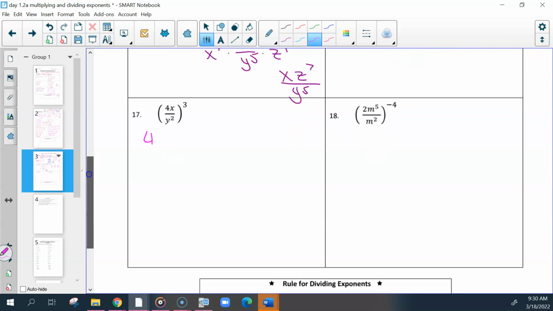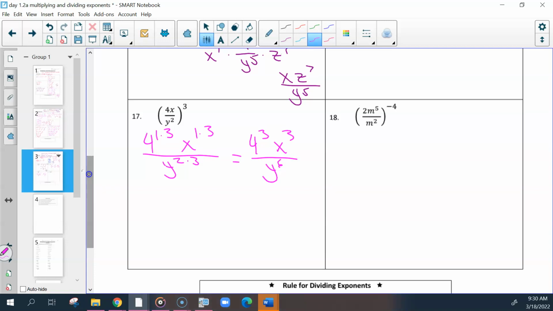That would be 4 to the 1 times 3, x to the 1 times 3, over y squared times 3. And this would be 4 to the 3rd, x to the 3rd, over y to the 6th. So our last thing, we need to figure out what 4 to the 3rd is.